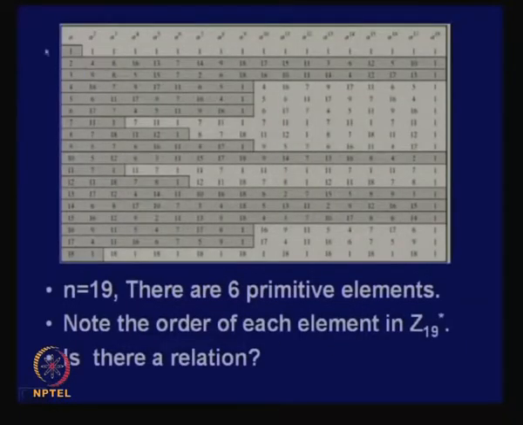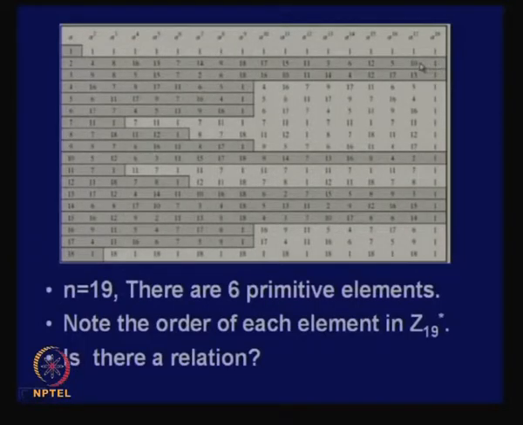This is an example to clear that. You take alpha equal to 2 and keep computing the powers. Here the n value is 19, so I am taking mod 19. I am computing alpha square, alpha power 3, alpha power 4, and so on till alpha power 18, and you see that alpha power 18 is equal to 1.